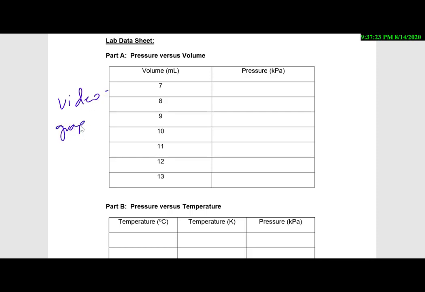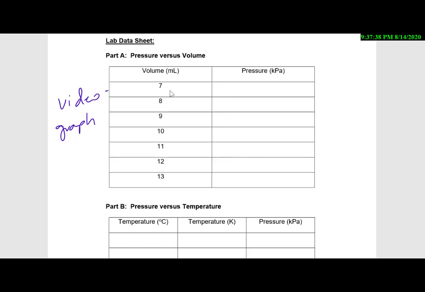So what we've done is we have taken a syringe with air and we have changed its volume. So we've compressed it and we have expanded it, and we have recorded the pressures at each of those volumes.